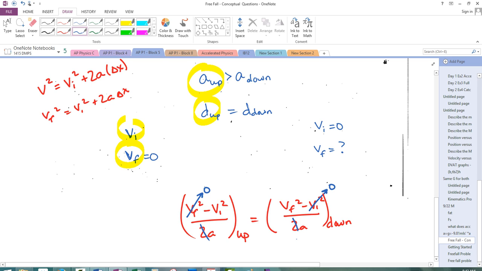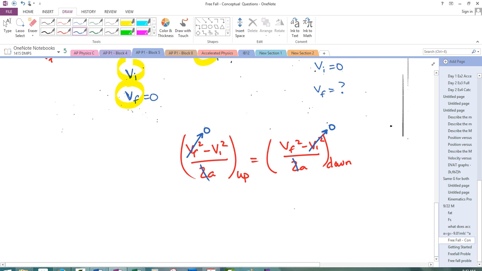And now we just want to know a relationship between the Vf on the right hand side and the Vi on the left hand side. So I'm going to write it like this: Vf squared over Vi squared is equal to A down over A up. Is that okay what I just did there? That was a lot of stuff that I just algebraized there. Is that a verb, to algebraize?